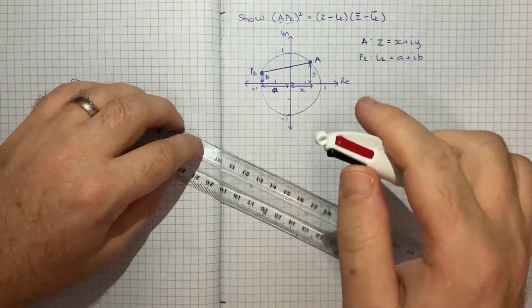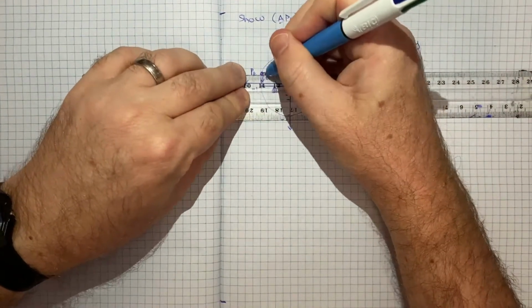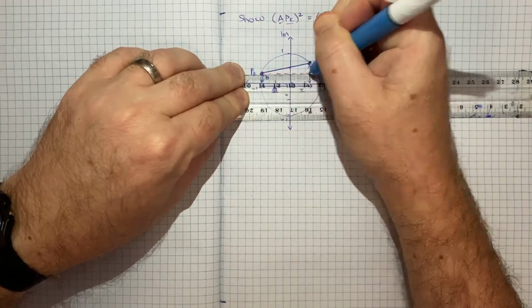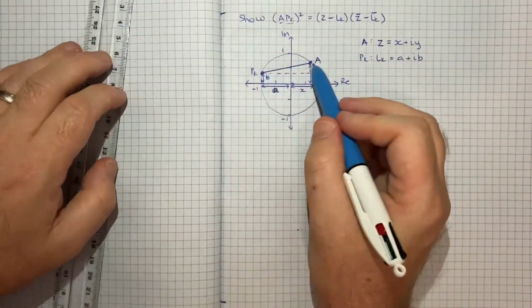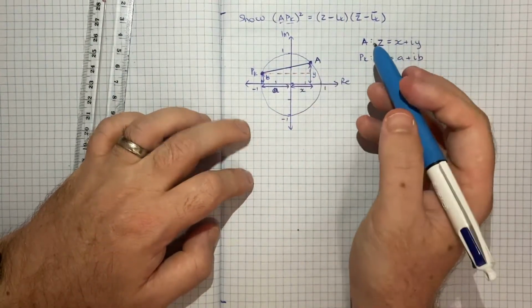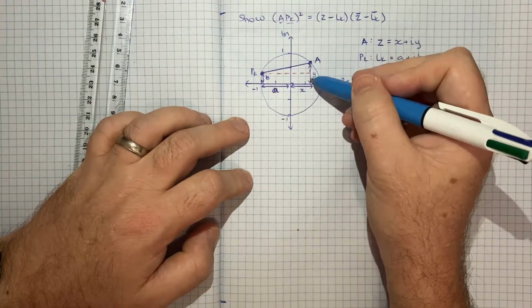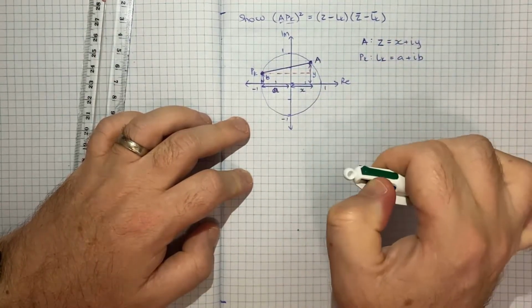And really if I just overlay these lines here, we can see that the distance between A and Pk is essentially, we can get there with Pythagoras, thinking about this height and this width. And so maybe that's a good place to start.